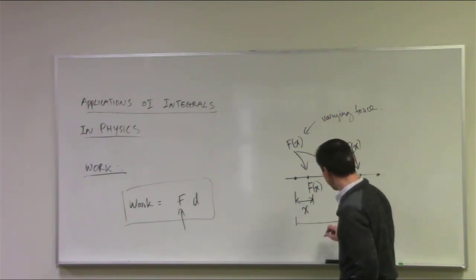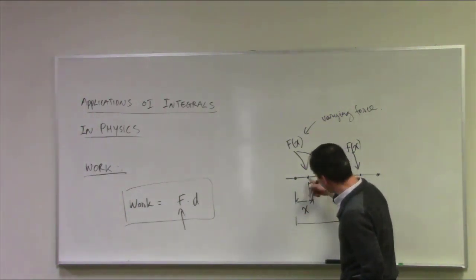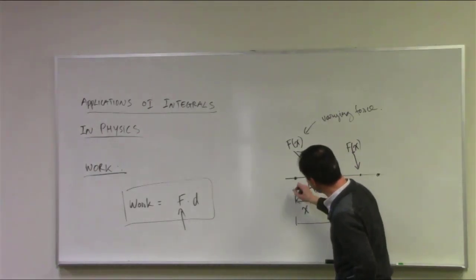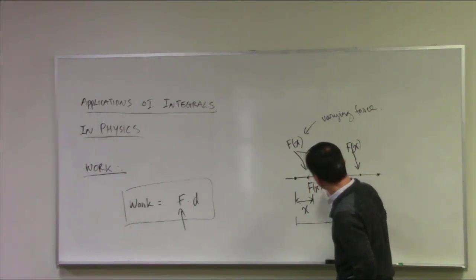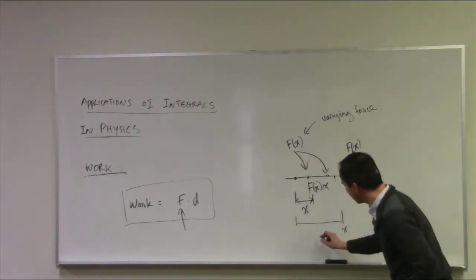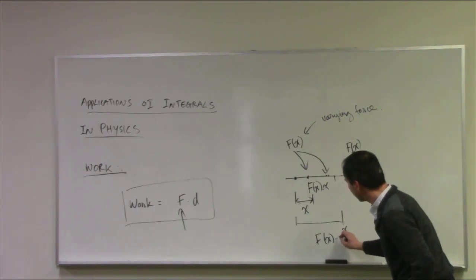So the amount of work from here to here is some f of x times the distance, and from here to here, it's another f of x times some distance.